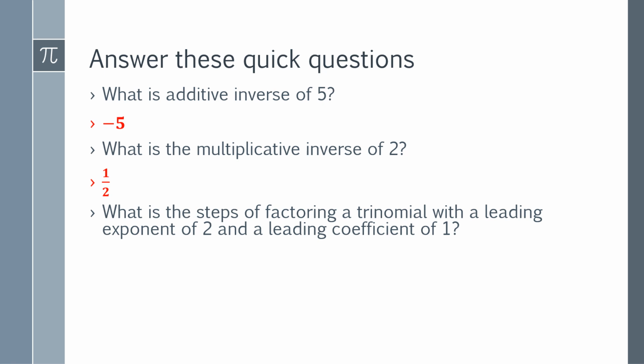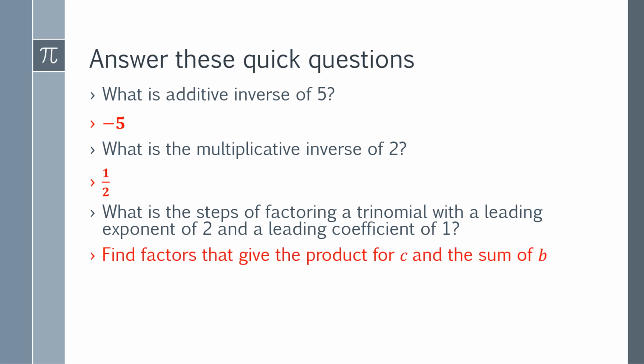What are the steps of factoring a trinomial with a leading exponent of 2 and a leading coefficient of 1? Find the factors that give me the product of C and the sum of B, which you guys did a lot of. Another word for solution is zeros and roots.